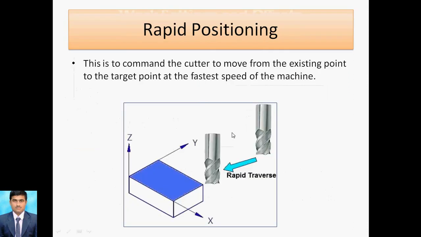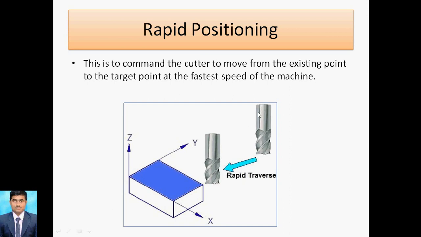Now the next topic is rapid positioning. When the tool is not in contact with the workpiece, the tool moves in rapid traverse, which reduces the time. That's why we use rapid positioning. The tool moves from one point to another.